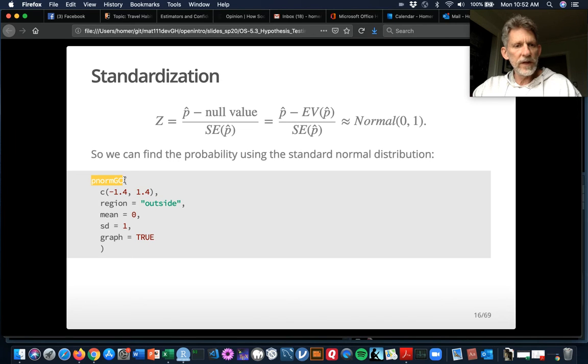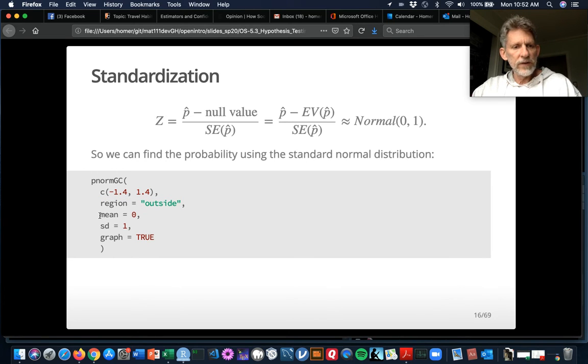All we've got to do is head to pnormGC. Remember, we're looking for the chance of being more than 1.4 standard errors away. So we're looking at the chance for z to be less than minus 1.4 or more than 1.4. So when we call pnormGC, we set up two boundary numbers at minus 1.4 and 1.4, and we say that we want the area under the standard normal curve outside of that.